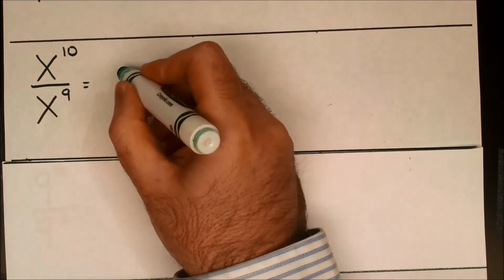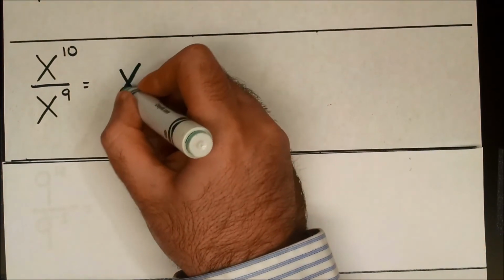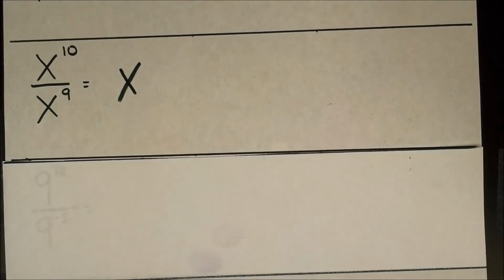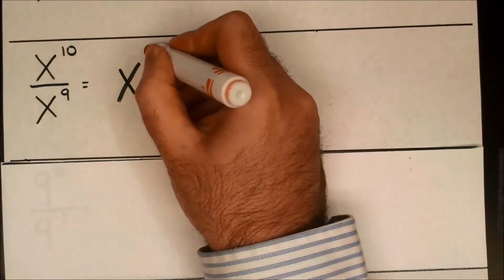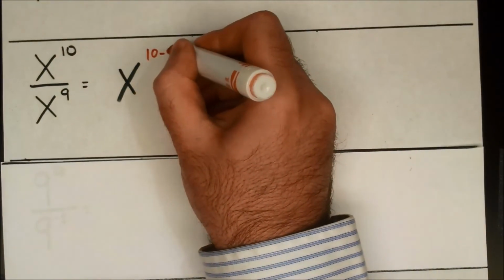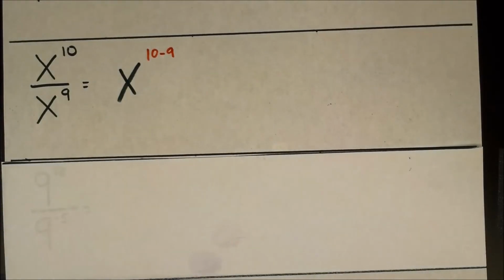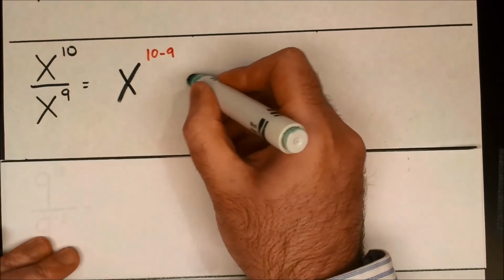Okay, so do these two have the same base? They do. They have the same base. And the rule is, if they have the same base, I take the powers, or the exponents, and I subtract them. 10 minus 9, which, of course, is 1.